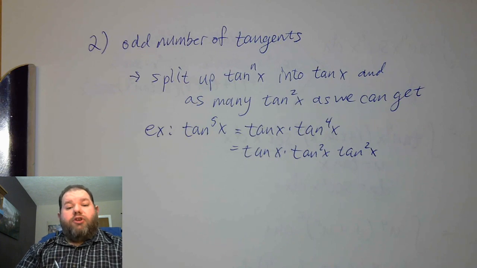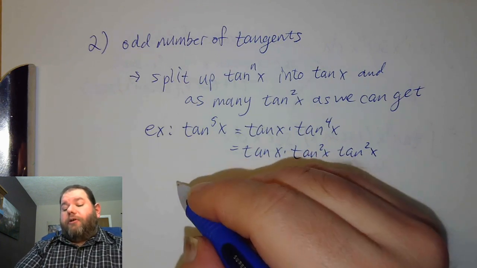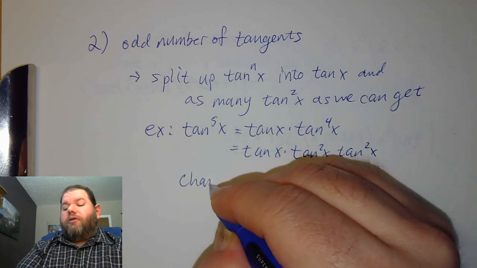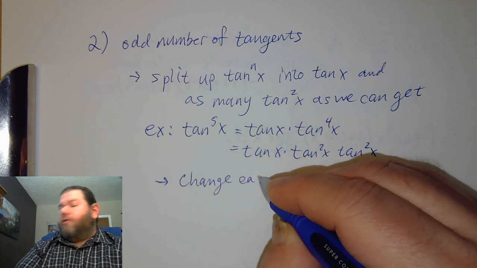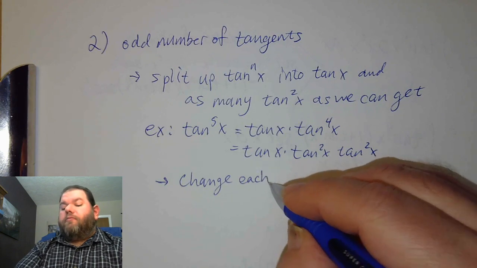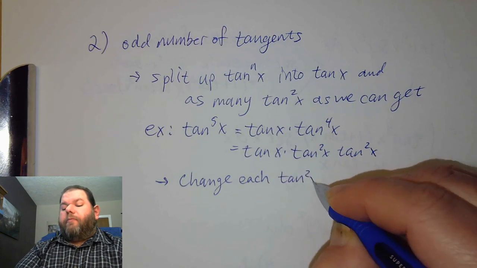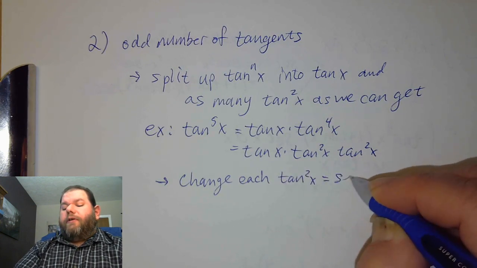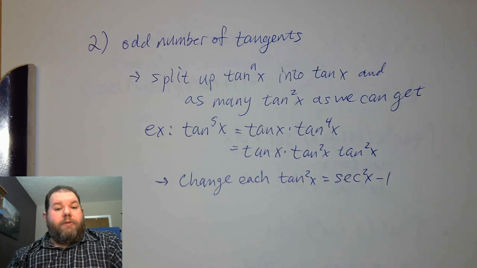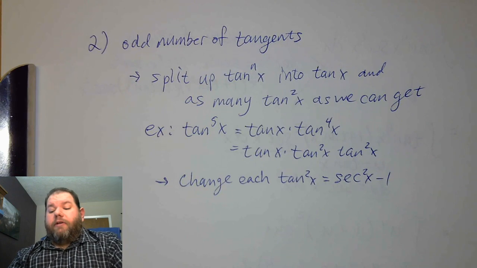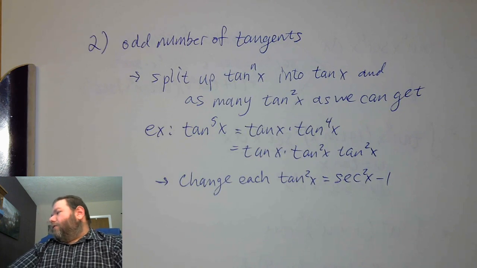We would then change each tangent squared into secant squared x minus 1. That's, again, one of our Pythagorean identities. Tangent squared x equals secant squared x minus 1.